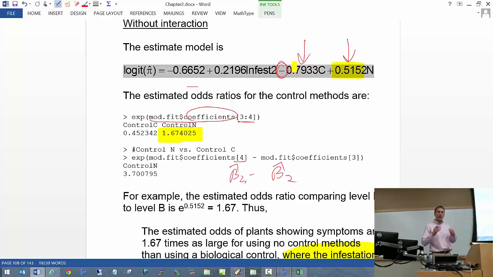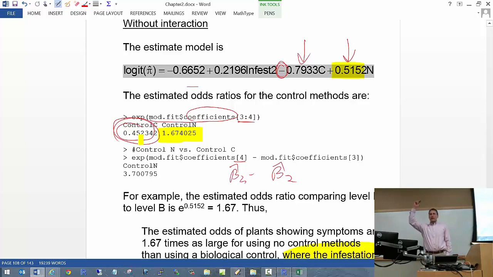So we're looking at which one's better, B or C? We can look at the odds ratio comparing B to C, and that odds ratio is this one right here, 0.45.